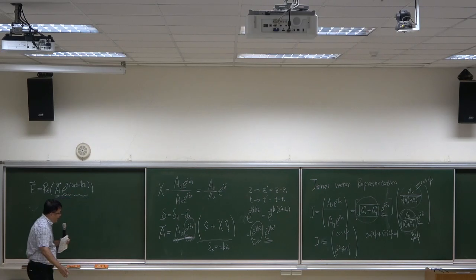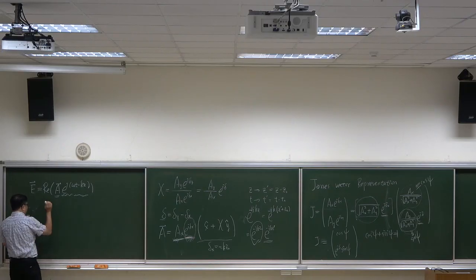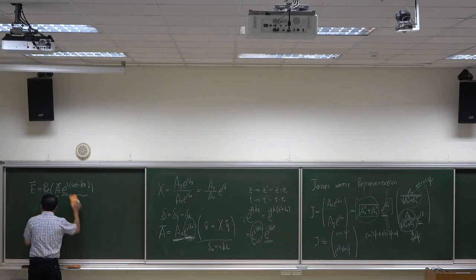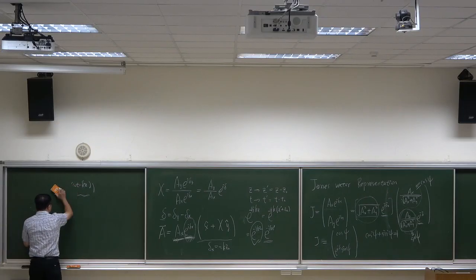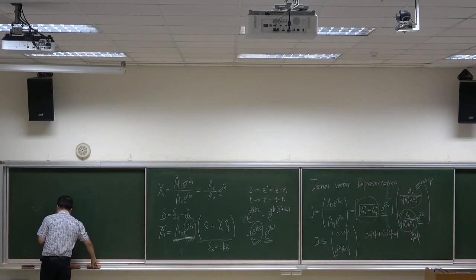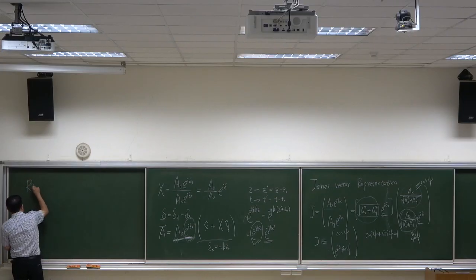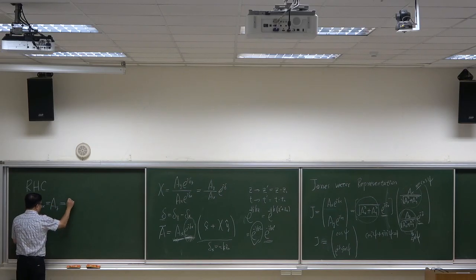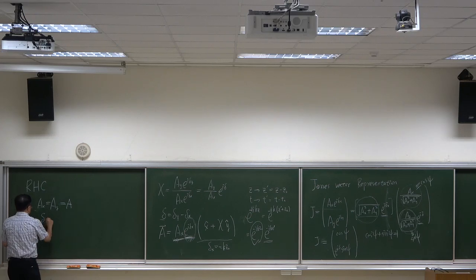We have already learned one specific example, say the right-hand circularly polarized light. Right-hand circularly polarized light can be described by A_x equal to A_y, which I denote as A, and delta equal to minus half pi.